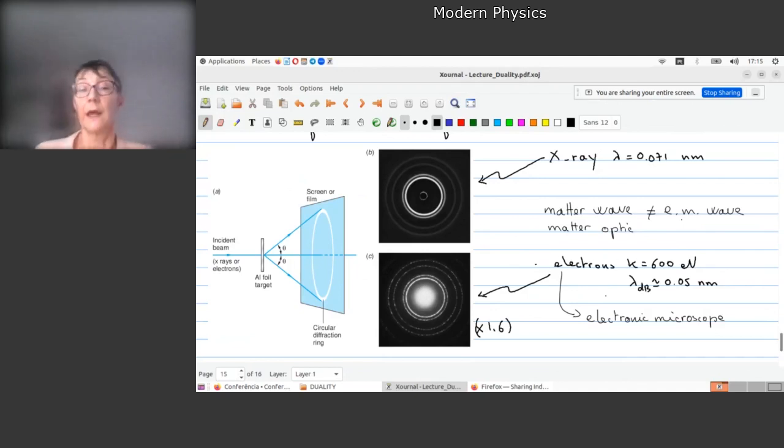With this kind of energy, you have this kind of wavelength, and you can image, you can look through things, with the same resolution as an X-ray, but in better conditions. It's much less dangerous.